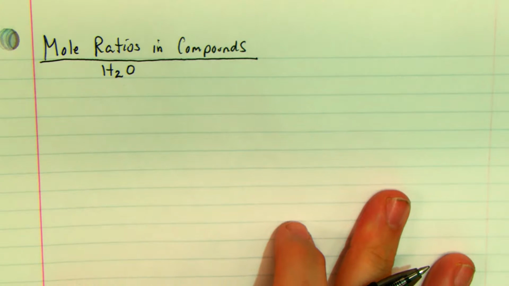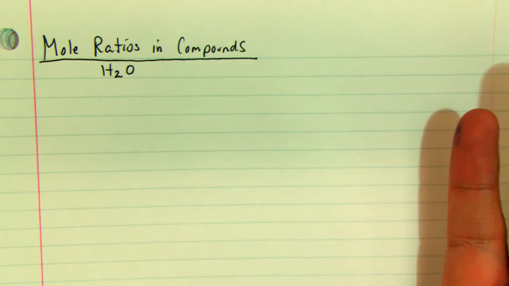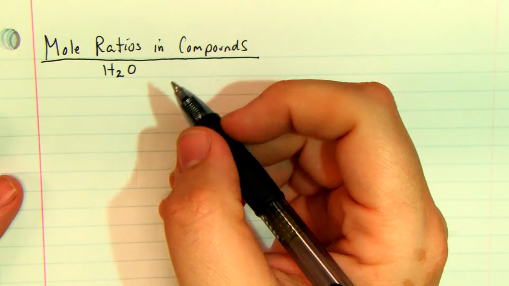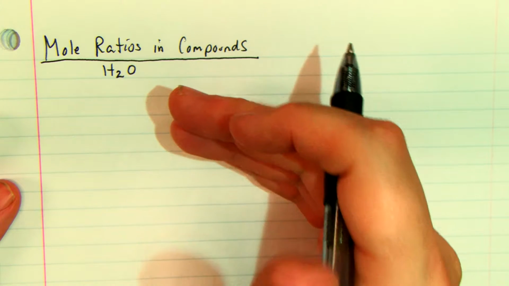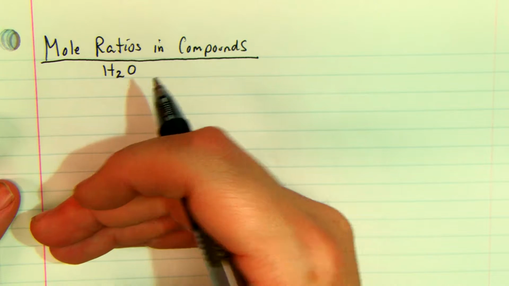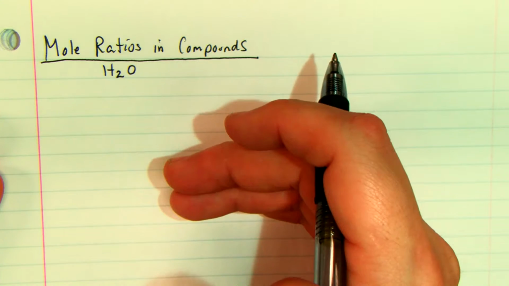Now, in the big scheme of the world, doing all our chemistry fun stuff that we're doing, we usually don't end up dealing a lot with individual elements. So we don't deal with those as much as we're going to be dealing with compounds.